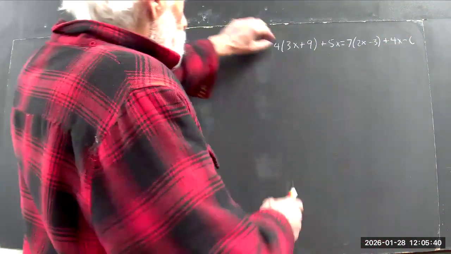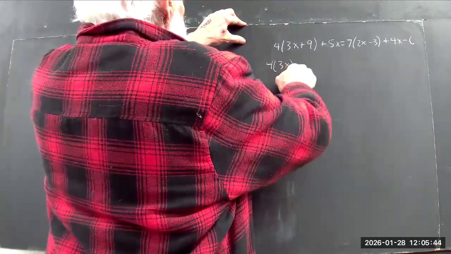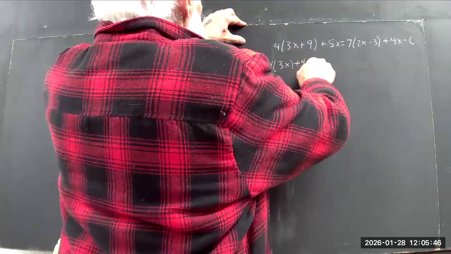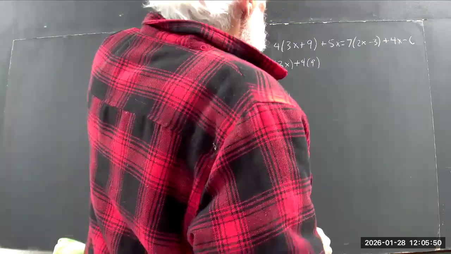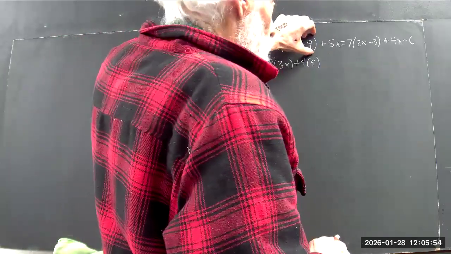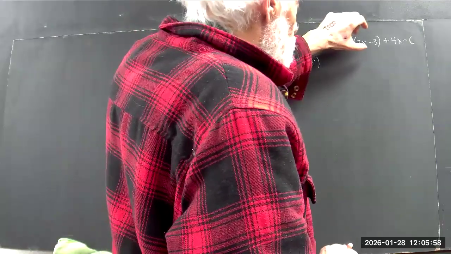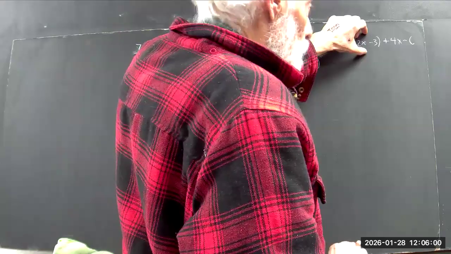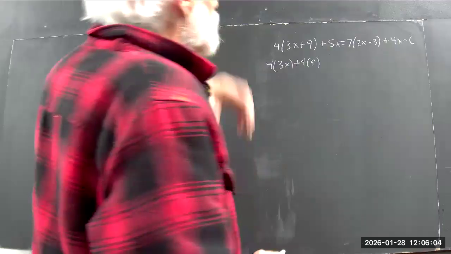Okay, if we multiply through here, I'll do this rather quickly this time. The equation is 4 times the quantity (3x plus 9), plus 5x equals 7 times the quantity (2x minus 3), plus 4x minus 6.